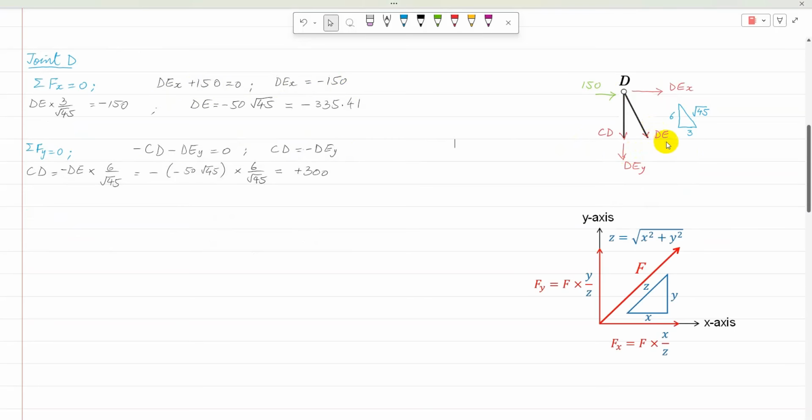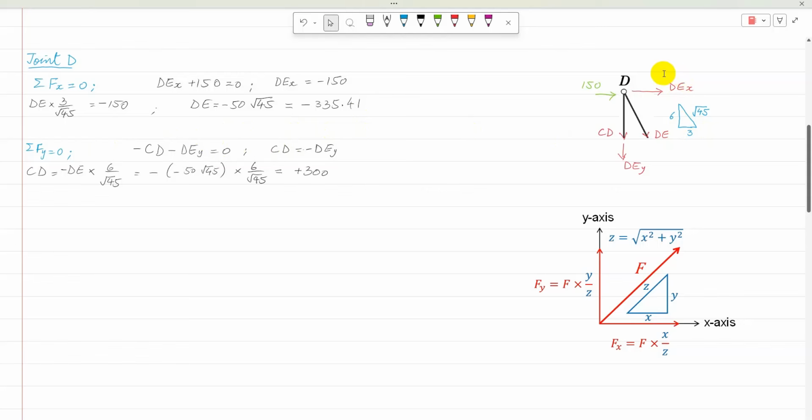Next, DE using the triangle can be resolved into its horizontal component as the horizontal side of the triangle divided by the diagonal, and similarly DEY as the vertical side divided by the diagonal. So DEX comes as DE times 3 over root 45 is equal to minus 150, and DE is calculated as minus 50 root 45, or minus 335.41.